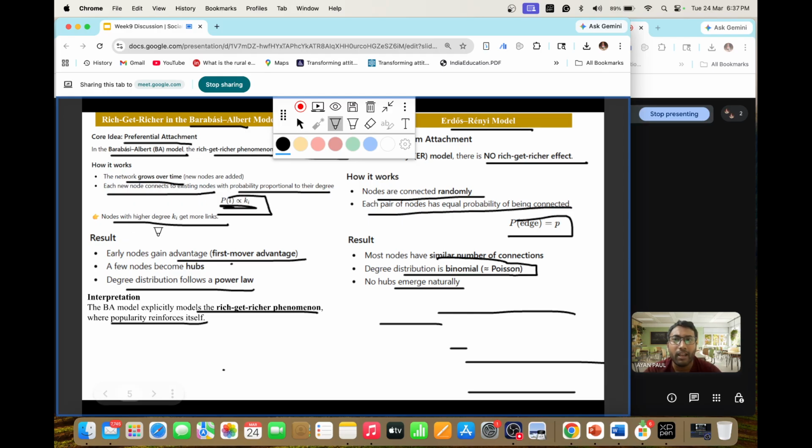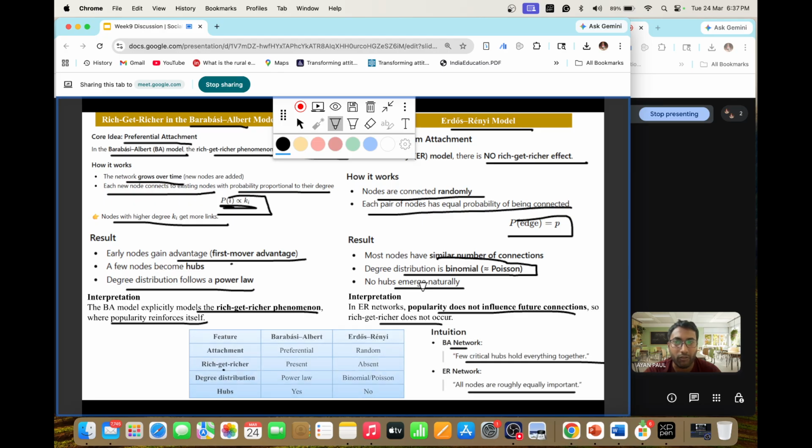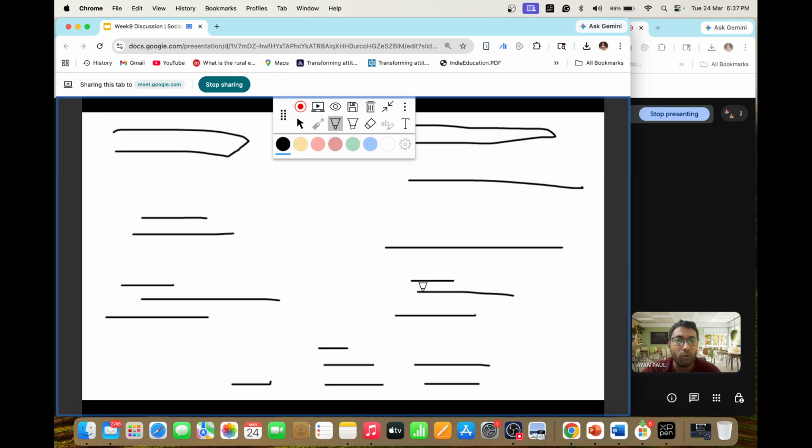So the BA model models the rich get richer phenomenon, whereas the ER model does not. The curve we get in the BA model is a power law curve, but in the ER model we get a binomial or Poisson distribution curve. So that is about the ER model and the BA model.